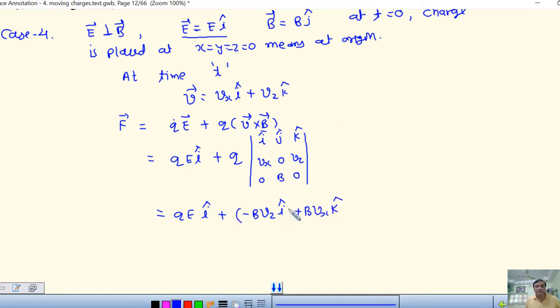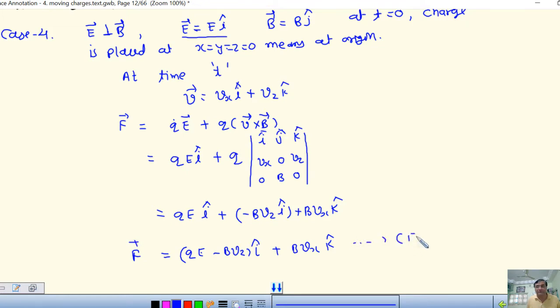Okay, and as we said in the beginning, it doesn't have any y component, so force does not act there. So we get QE minus Q B Vz i plus Q B Vx k. So this is the force acting on that charged particle.